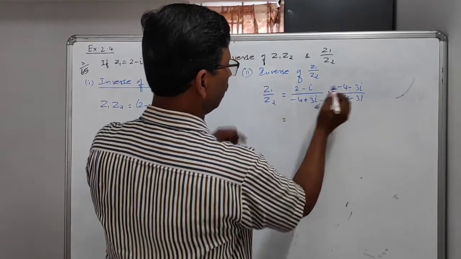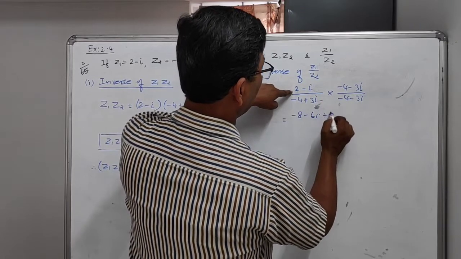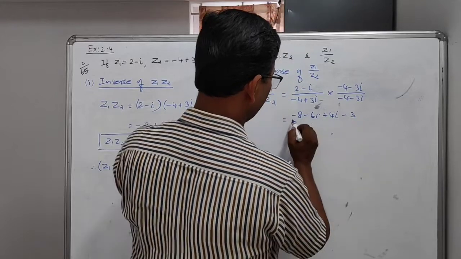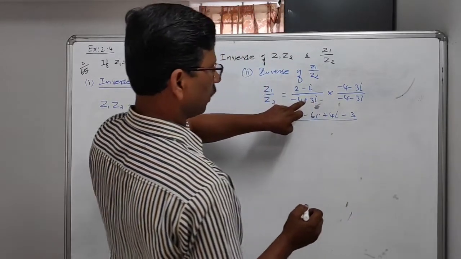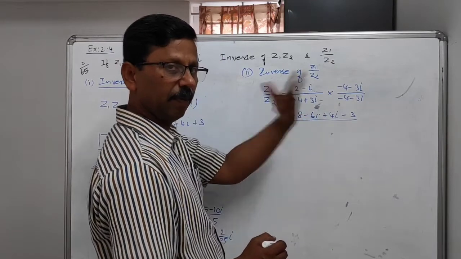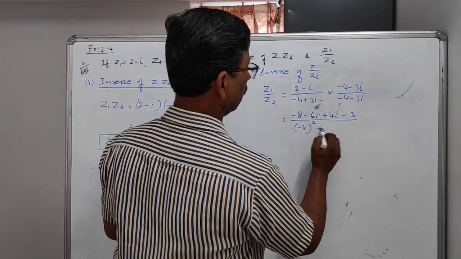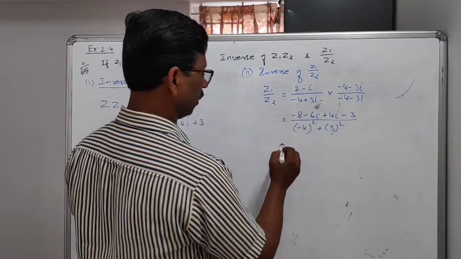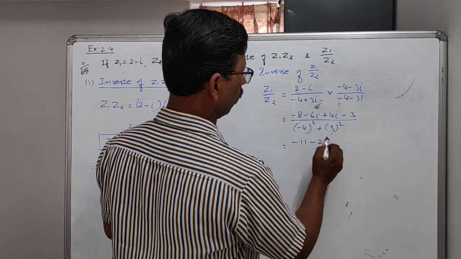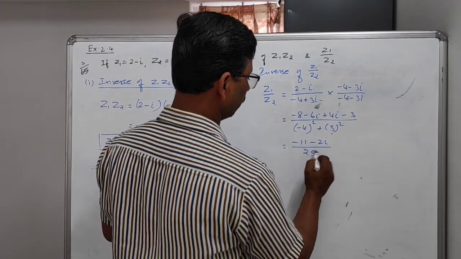Now the numerator is ordinary multiplication: minus 8, then minus 6i, then plus 4i, then plus 3i square, means minus 3. In the denominator, you will be getting a plus b into a minus b, that is z into z bar, means real part square plus imaginary part square. Therefore you can write minus 4 square plus 3 square, which is equal to minus 8 minus 3, minus 11, minus 2i by 16 plus 9, 25.